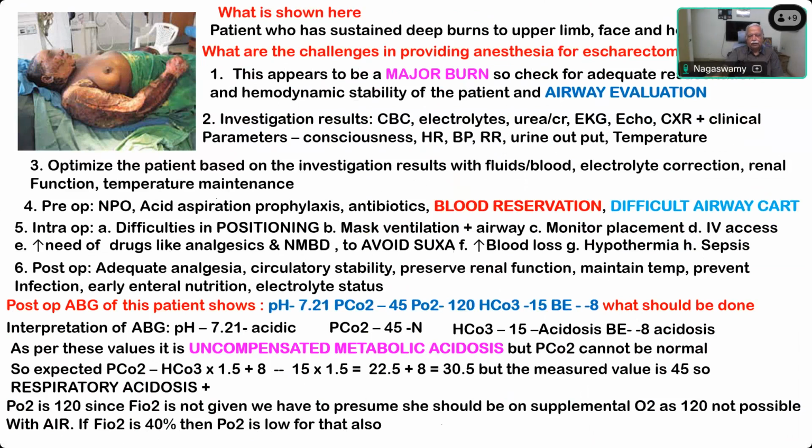The FiO2 to PaO2 ratio is 240. Normally when you are breathing 21% oxygen in room air, your PaO2 is 95 to 100. The ratio is 300, so roughly 5 times, but at least 4 times it should be there. So for 40%, you should have a PaO2 of 160. So much interpretation has to be done with this ABG report.